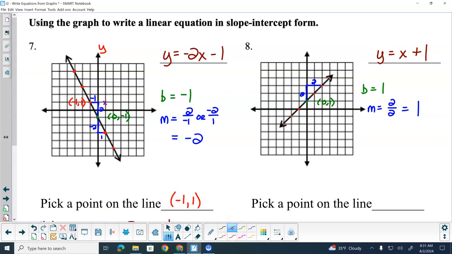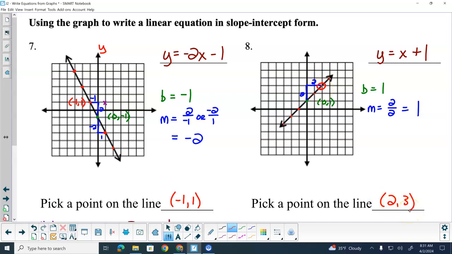I got an equation of the line of y equals x plus 1. Yes? Okay, I forgot where we left off. Princeton, I think we left off with you. What was the point that you chose to plug in? (2, 3)? Okay, I would agree that that's this point right here.